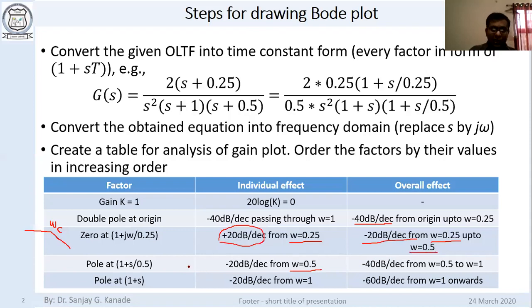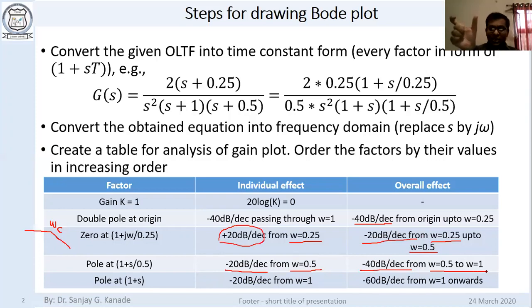Now for the next factor, it is again minus 20 dB per decade. So this minus 20 dB per decade is getting added from omega equal to 0.5. Up to omega equal to 0.5 it was minus 20, and this again minus 20. So again the resultant is minus 40 dB per decade from omega equal to 0.5 to omega equal to 1.